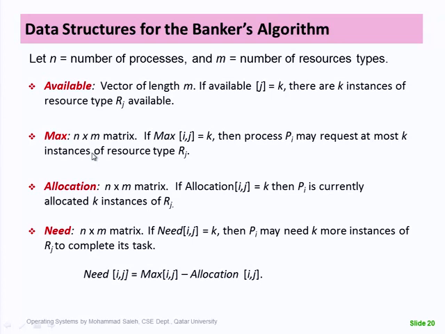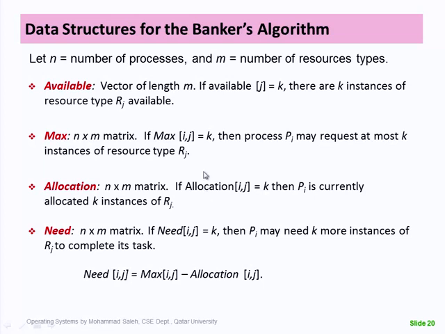That's why it is in the max array. The max array is n by m, having n processes and m resource types. So I will have a row entry in this matrix representing the number of instances of each resource type by a particular process.